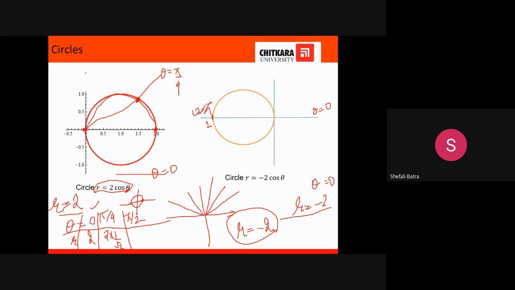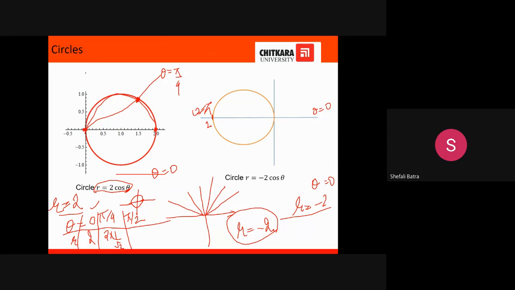I cannot discuss each and every shape, but for your understanding, this is how we draw: we put the values of theta. You know the lines of theta, right? And if corresponding to any theta you get a negative value, then you show that point on the opposite side.